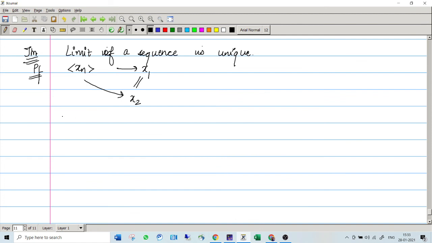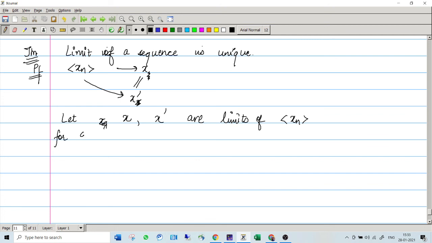So let us assume for the time being, let x1 भी एक लिमिट है। x1 मत लो, x ले लो और x dash, क्योंकि x1 और x2 are more or less the terms of the sequence, right? So let's say x and x dash are limits of the sequence xn. Again, let us apply the definition.